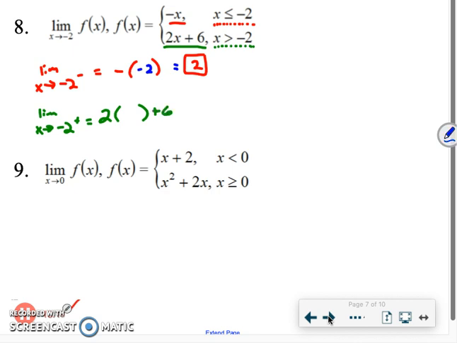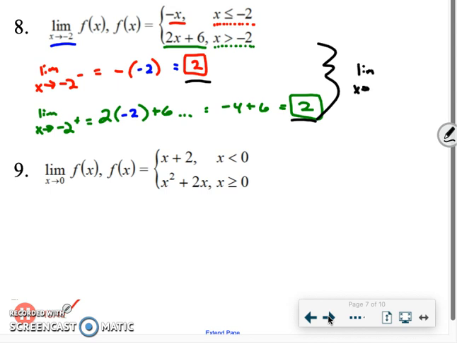But again, in place of x, I put the -2 in place. At which point, this is going to give us -4 plus 6, which, lo and behold, is also 2. So because they match up, that 2 is equal to 2. So as we're coming at this from the less than and from the greater than side, for that reason, the limit as x approaches -2 is equal to 2.